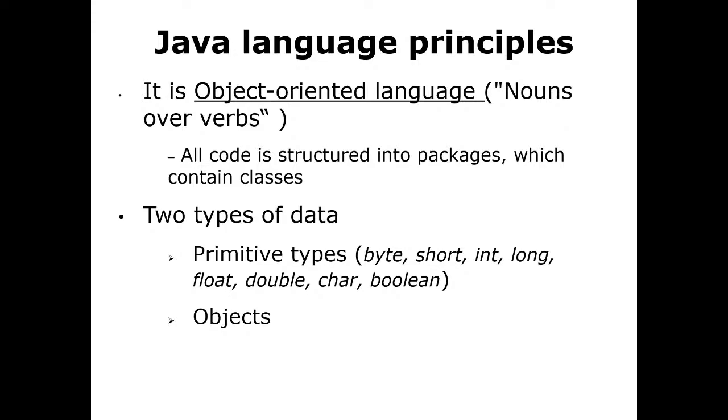Right, let's talk about the main principles of Java as a programming language. As I said, it's an object-oriented language. In jargon, it is said nouns over verbs.